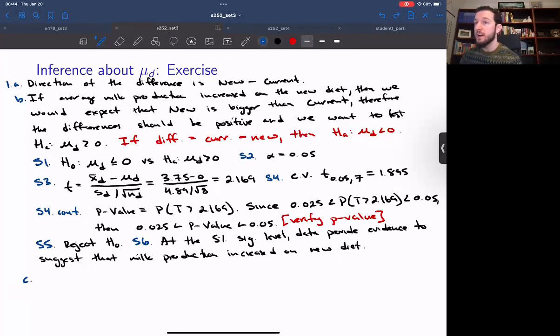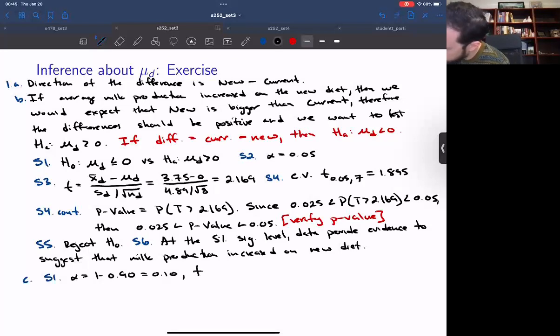So we're going to construct a 90% CI. On step 1, we are going to have alpha equals 1 minus 0.9, which is 0.1. So we're going to have t alpha over 2 with n minus 1 degrees of freedom.